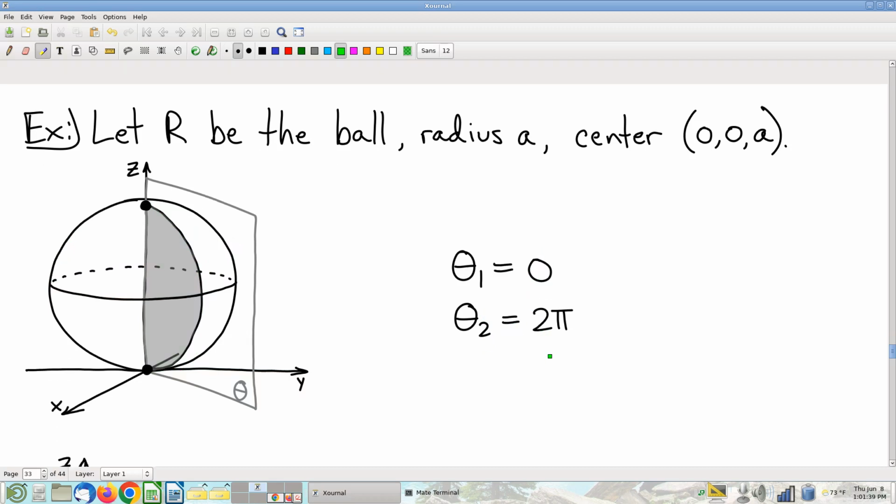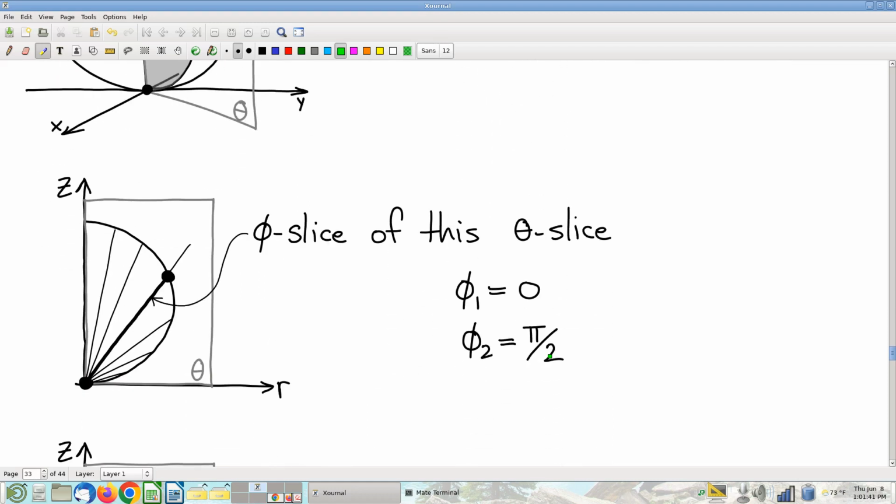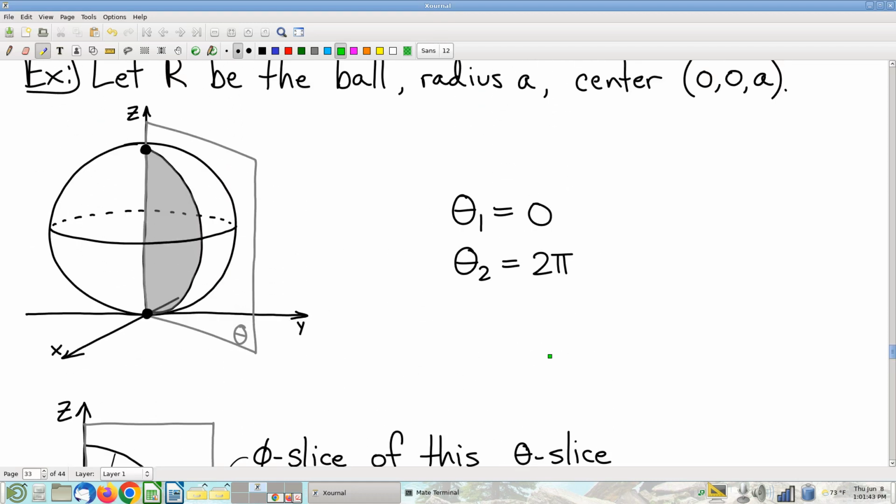I have just a little bit of a suggestion, and that is, instead of looking at the theta slice and the corresponding cross-section as we have in this figure, let me criticize my figure here. This theta slice, I'm kind of looking at it from sort of an angle, right? Because theta is an angle, and I'm not looking straight at it, and that makes it a little confusing.